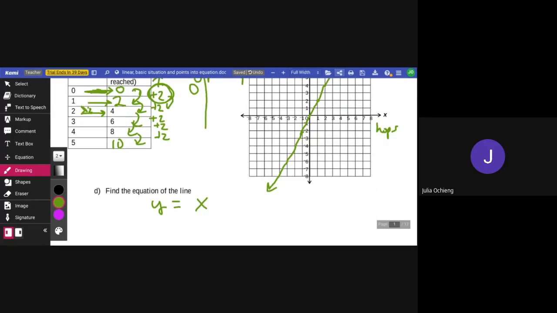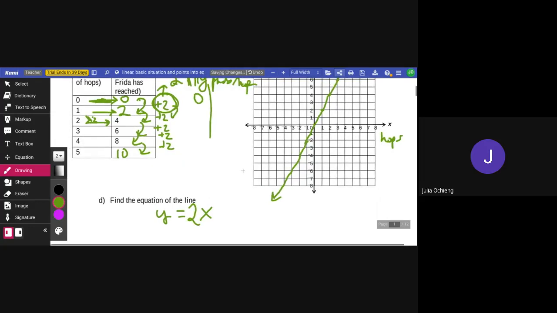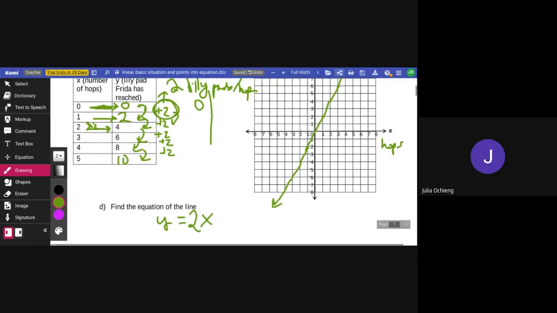So when x is 1, I've gone twice that many lily pads. When the number of hops x is 2, I've gone twice that many lily pads. So you always take the rate of change and put it in front of x because that tells you how much you changed for every 1 x. So if I were to relate this to the equation of a line, because this is review for you, you've already seen y equals mx before.